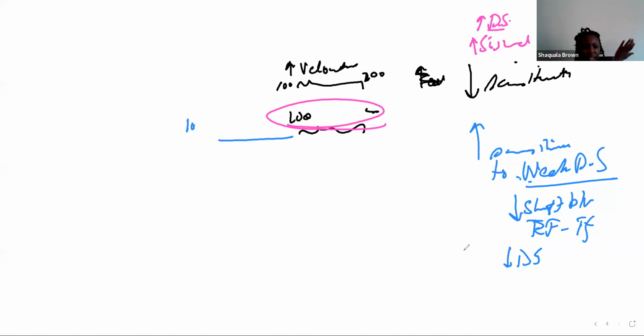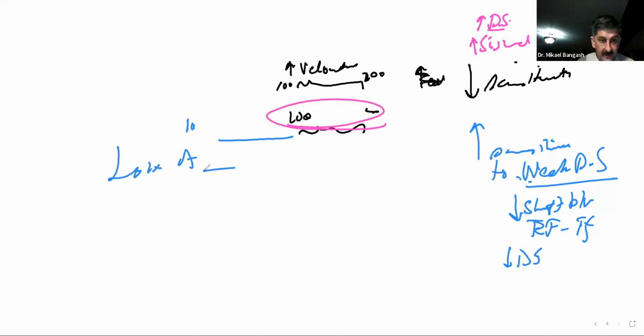Is it sensitivity? Loss of dash of taste and smell. The word here is sense.